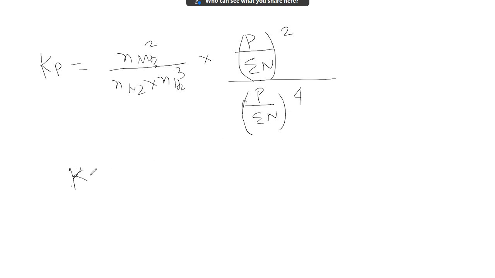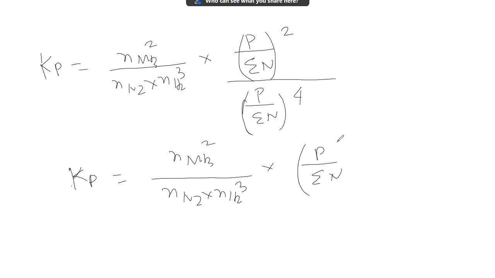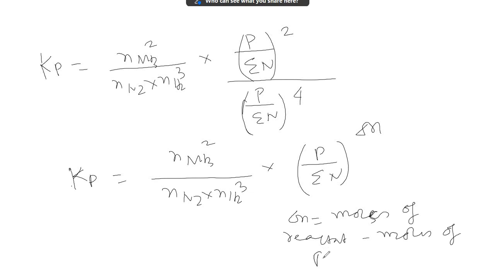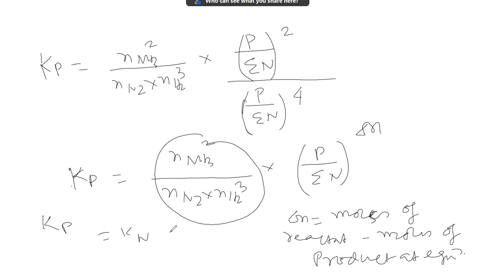So Kp is equal to Kn into P by sigma n to the power del n.